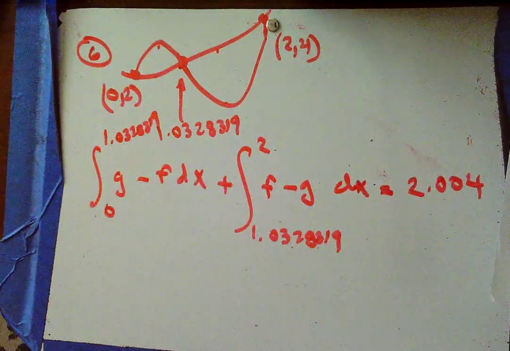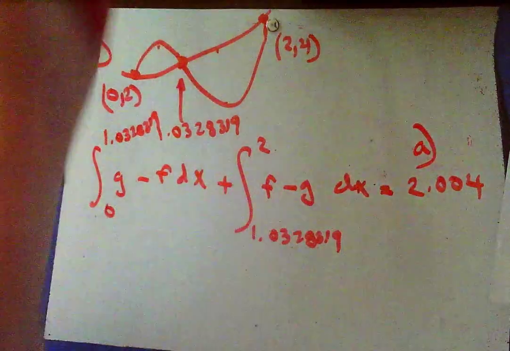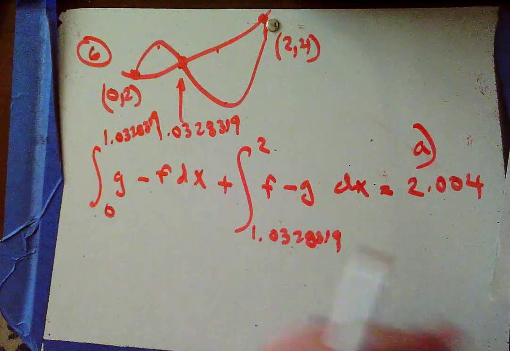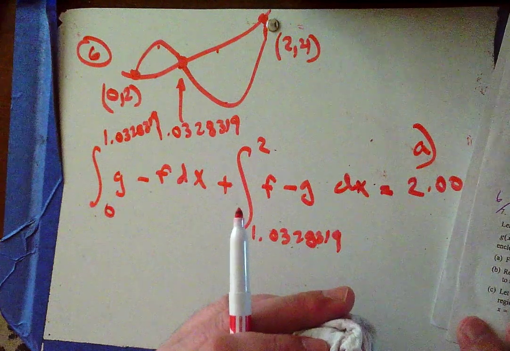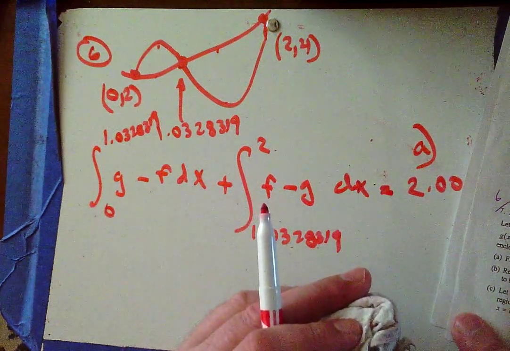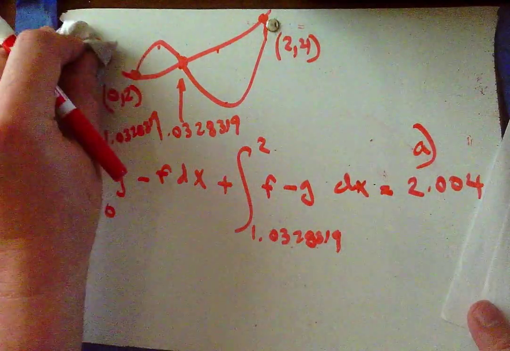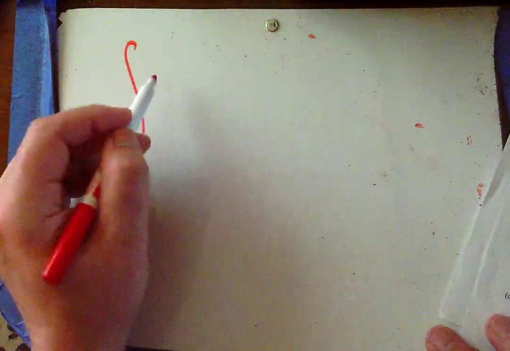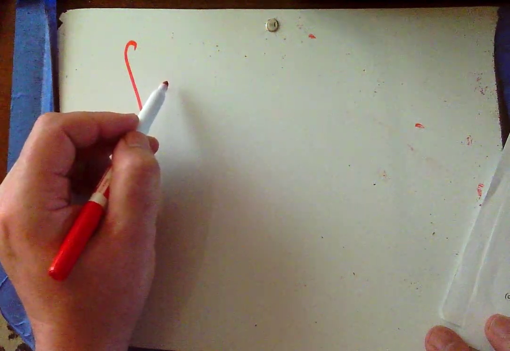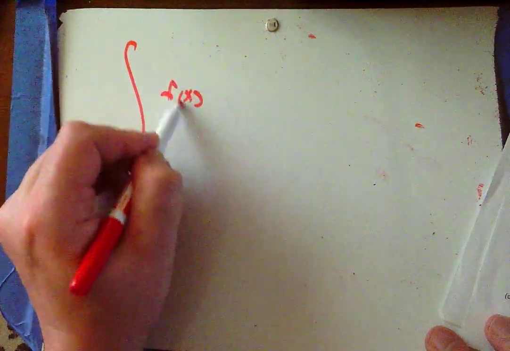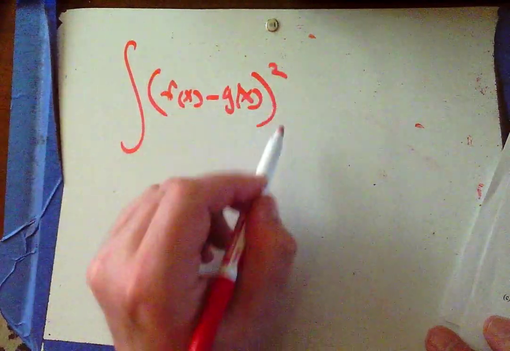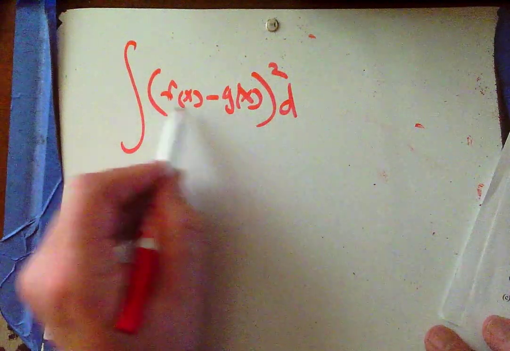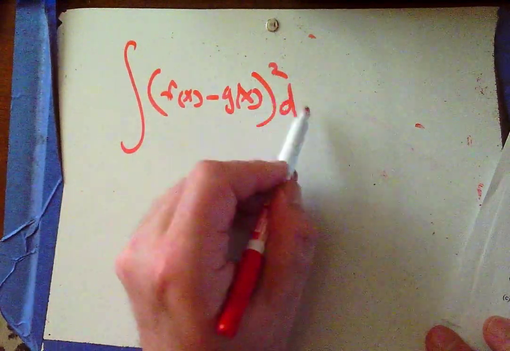Okay, that's part A. Part B. B says S is the region of a solid whose cross sections perpendicular to the x-axis are squares. So I just want to do top minus bottom squared here. The top function is the strange e to the x thing, that's f, minus g, the bottom function, the polynomial. Top minus bottom gives me side length, squared gives me side length squared.